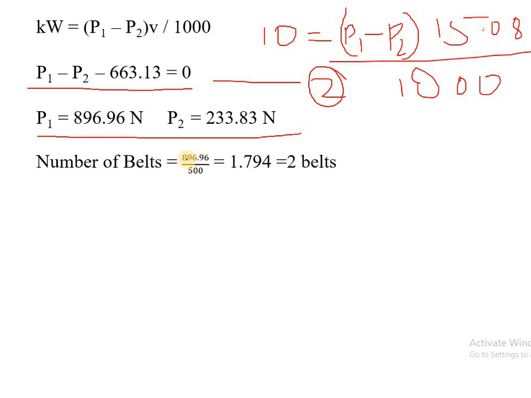Maximum tension is 896 and allowable is 500, so this value is more than 500 and we cannot go for one belt. The number of belts will be more, so the answer is 1.794, that is 2 belts.